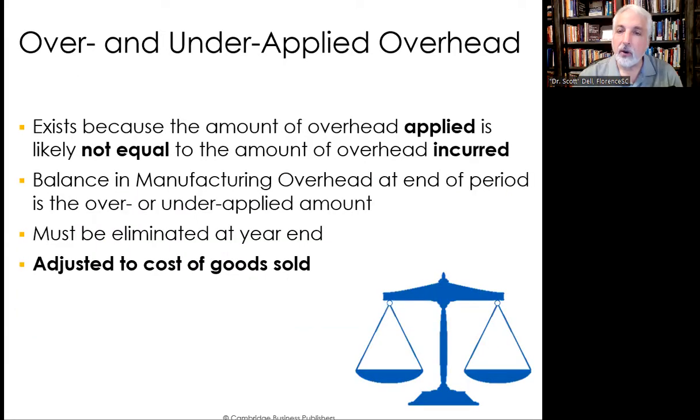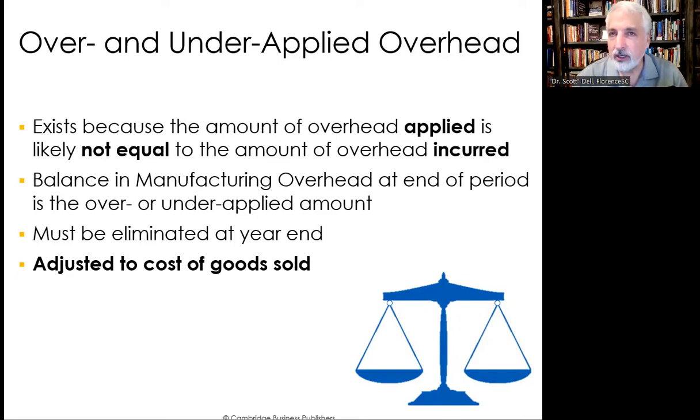As we look, we keep saying that we're using a standard allocation of our overhead. So we calculated an amount based on a projected total, in this case labor hours, and a projected total overhead. We came up with an hourly rate. Every time we use labor hours, we injected those overhead costs into our work in process system, which ended up in our finished goods.